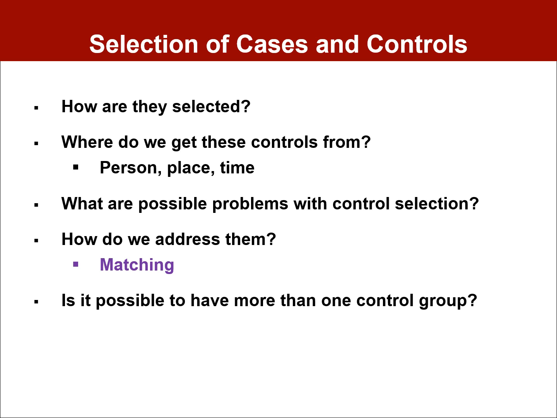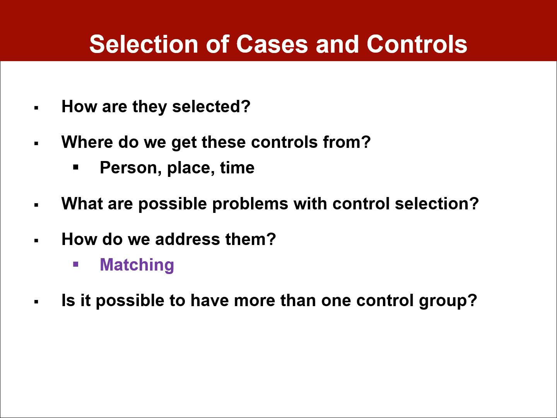Once your cases have been identified, you have clearly defined what a case is, and all of your cases meet that criteria or definition, then you need to make sure that you select controls, which serve as the comparison group, that are similar to your case group, but different in terms of the outcome of interest.